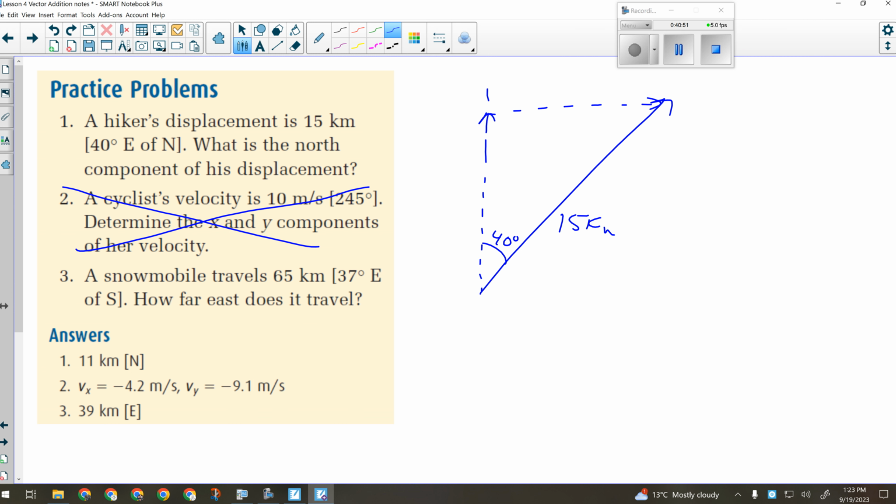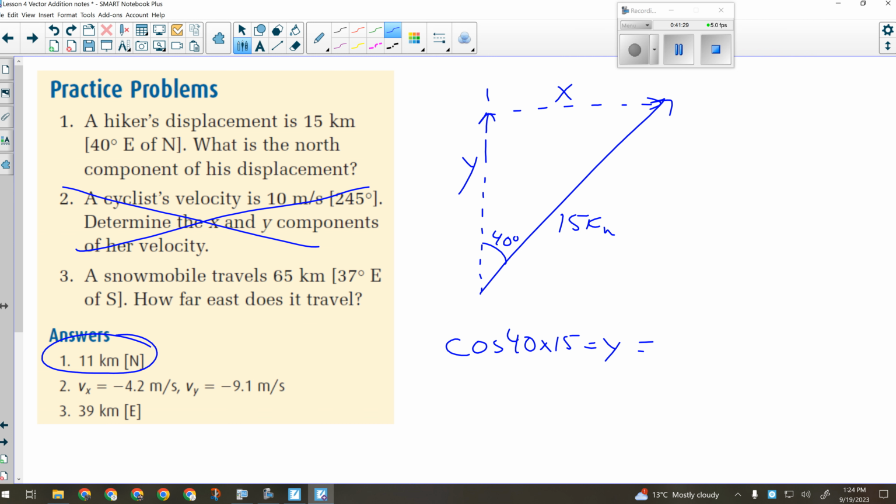So do they want X or Y? They want Y. Y points north, so they want the north component, right? What side is Y? Adjacent or opposite? It's adjacent. It's touching the 40-degree angle, right? So I'm going to go cos of 40 times 15 equals Y, and I will have my 11 kilometers north for that vector.